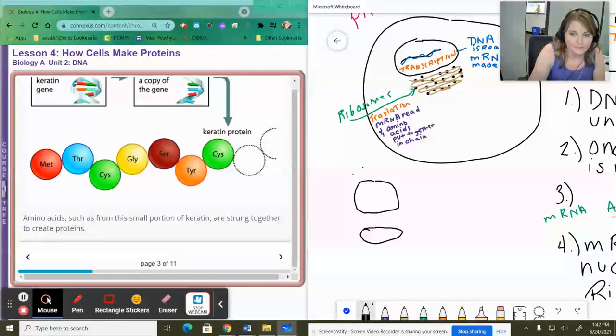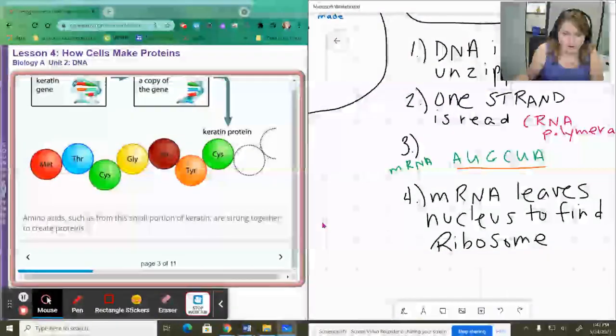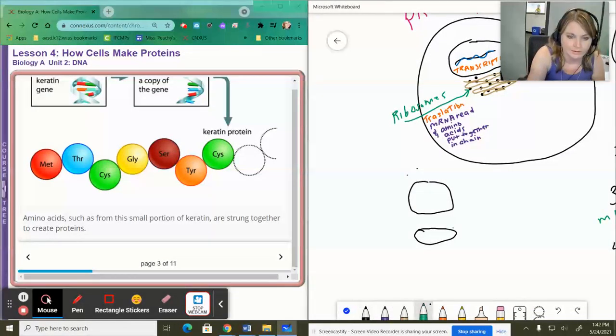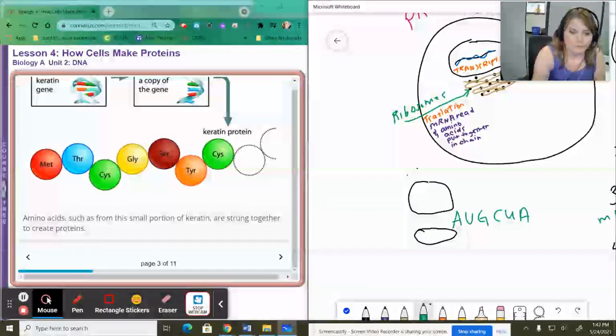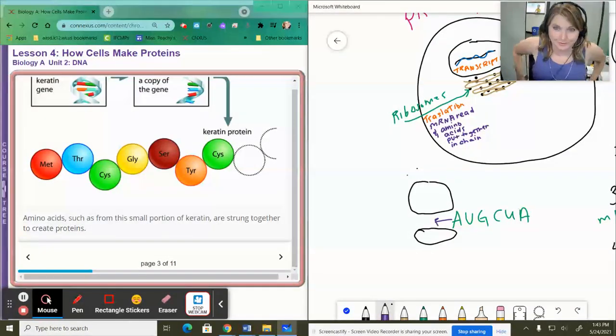So now this messenger RNA, which we made before, is AUGCUA. Just going to write it out here. It's going to get fed through that ribosome, kind of like a piece of fabric getting fed through a sewing machine, or laminating something. Use whatever example you want.